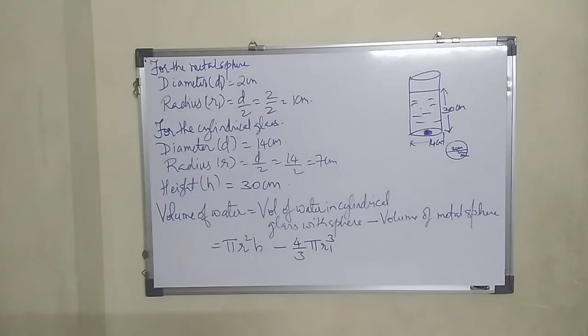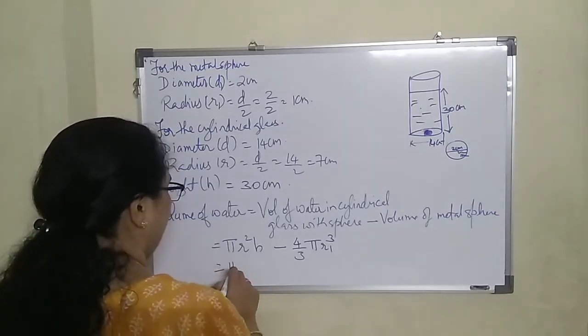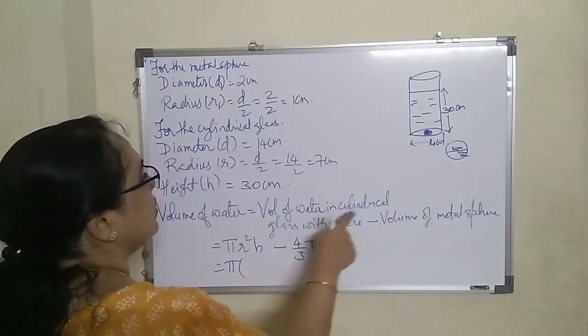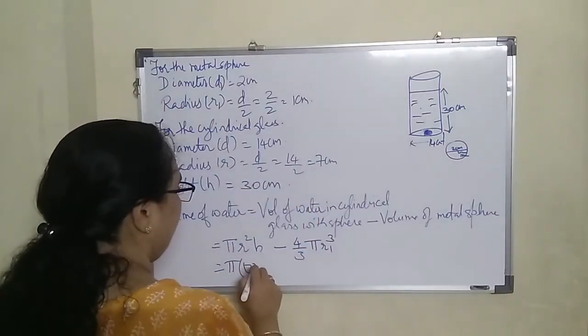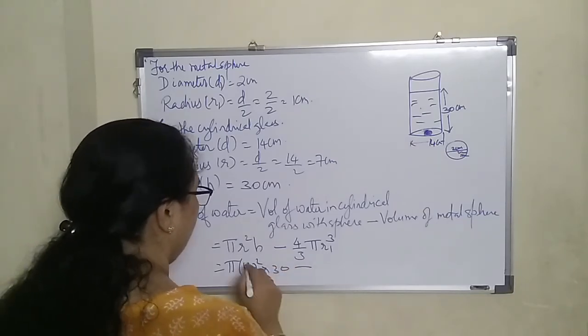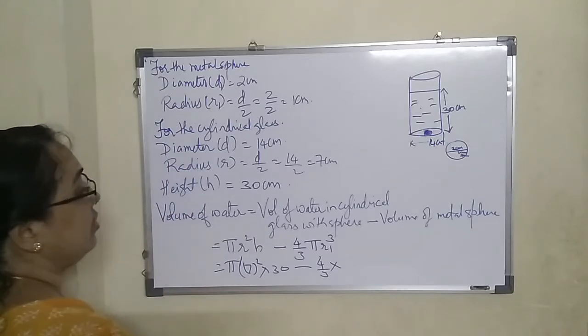Is there anything which we can take out common? Pi can be removed. R square, what is R for the cylindrical glass? 7 square into H is 30, minus 4 upon 3 into R1 cube.